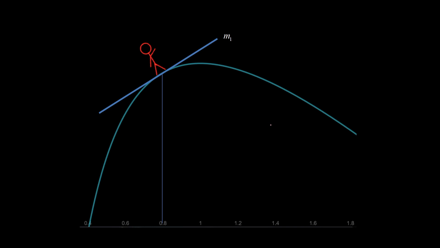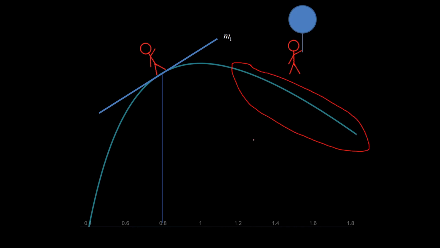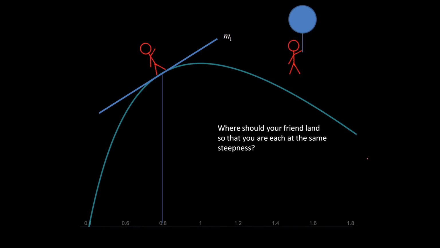Now your friend, we're going to drop down somewhere onto the function here. And we want your friend to land in a position so they have the same steepness as you do. So where on this function, you can see the number line on the bottom here, where on this function should your friend land so that you're both at the same steepness? And let's say they'll have a slope m2 when they land on the function somewhere.